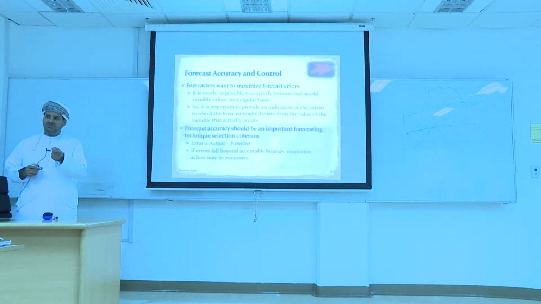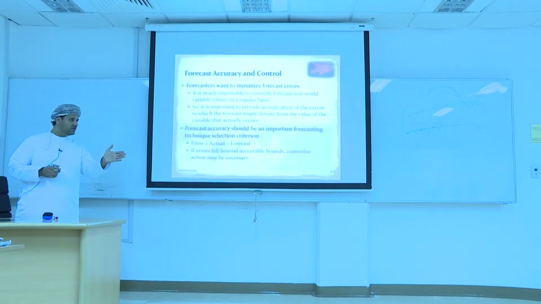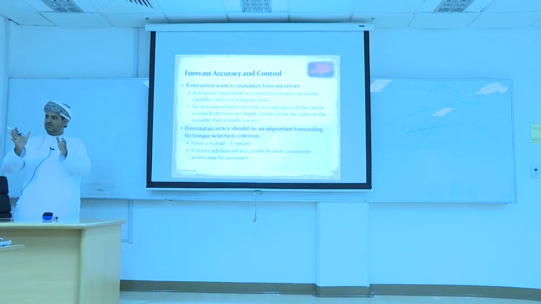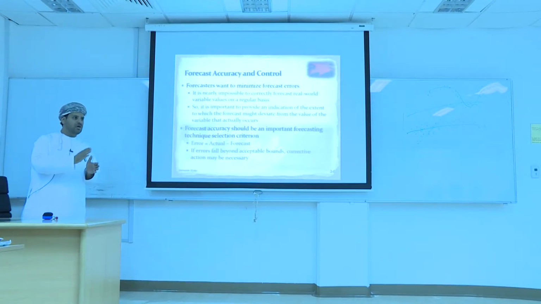Based on this logic that you cannot obtain a perfect forecast, it is important that you keep a record of the deviation between your forecast and the actual demand on a regular basis. You could tolerate some level of error, but if your error has increased over time, then maybe it is time to change to a different model that will give you a better prediction.